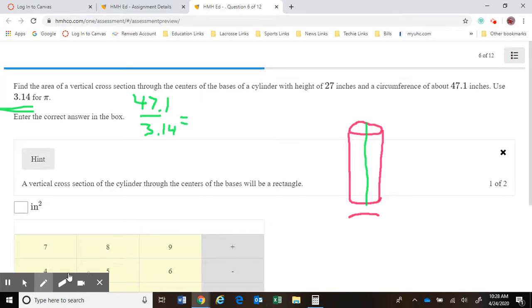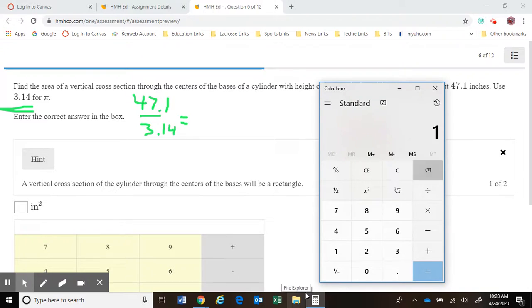47.1 divided by 3.14, and that gives me 15.